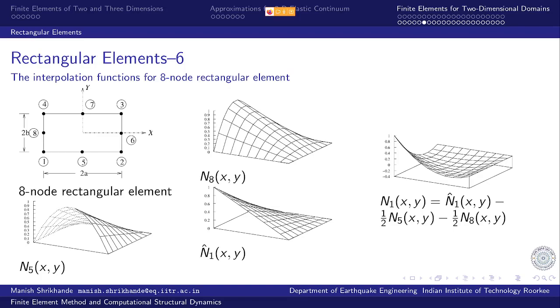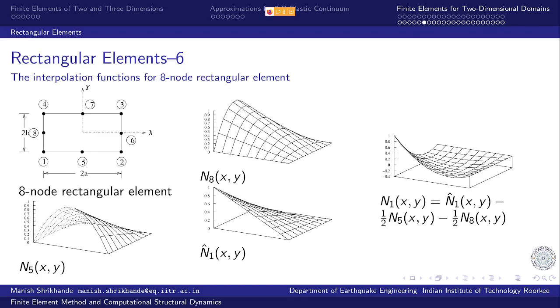That can only be satisfied when sigma ni is equal to 1, and if you add all of them together, you will find that that condition is satisfied, in addition to the basic interpolation criteria that ni at xj yj should be equal to delta ij.